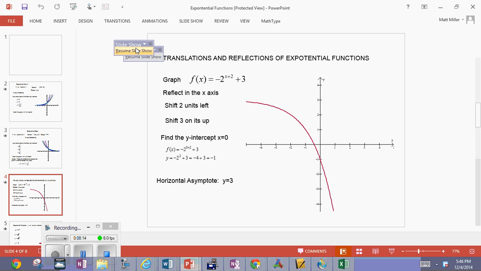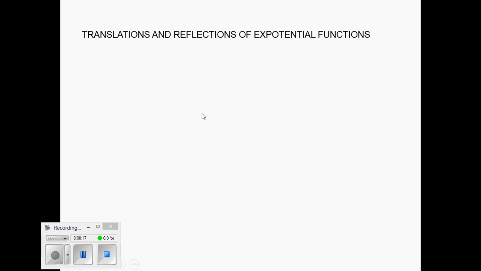Okay. So now we're going to, like I said, look at our translation. So here's a function which is representing all these things going on. We've got the function being multiplied by a negative, which is sending it down, which is flipping it across the x-axis. We've got x being replaced with x plus 2, which means it's moving it 2 units to the left, and we are translating it 3 units upward.